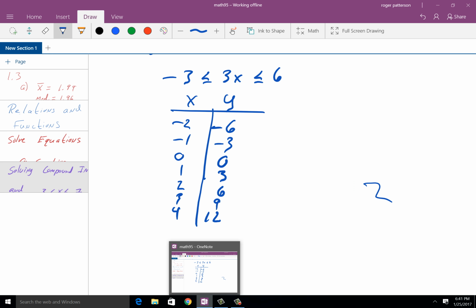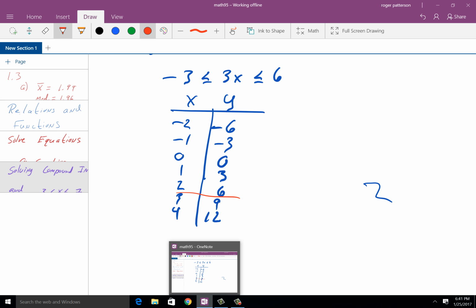All right, so now we want to solve this. We basically want to know when y is between -3 and 6, because it's an and problem. So when is it between these two numbers? Well, here's -3 and here's 6. So what x numbers correspond with those? -1 and 2.